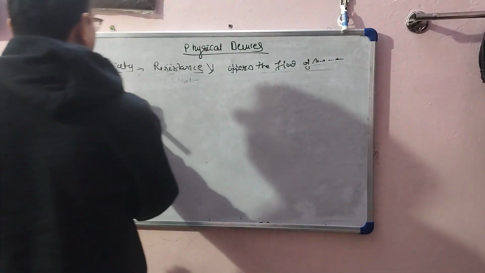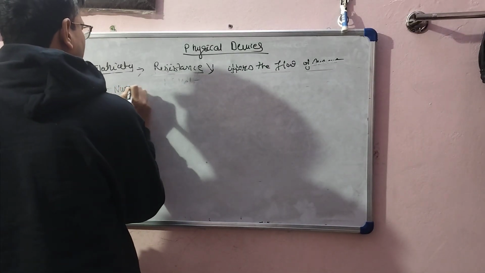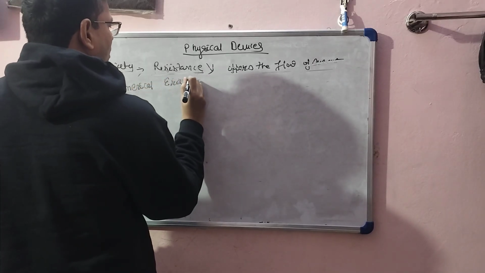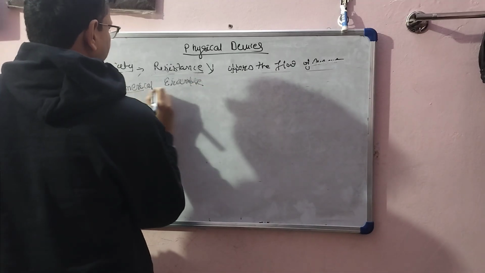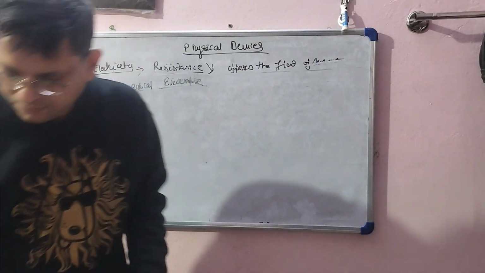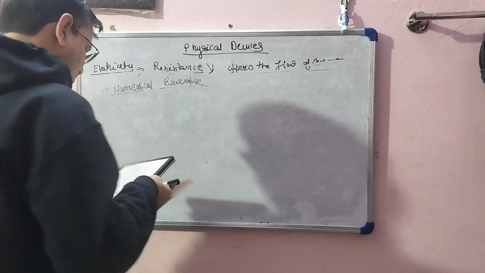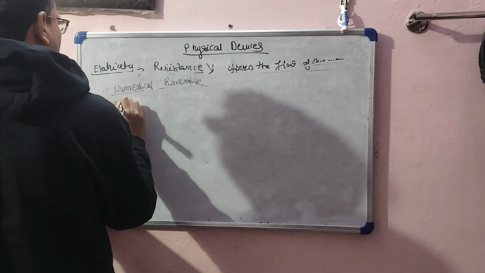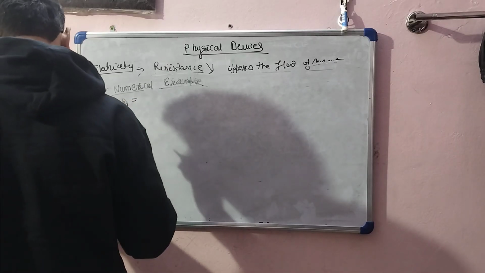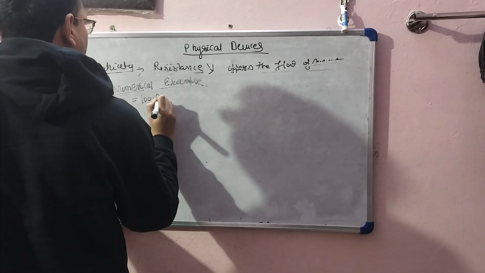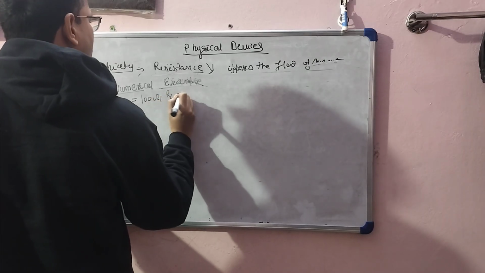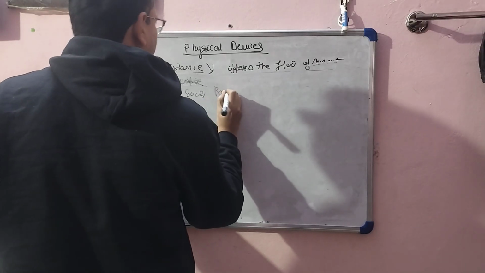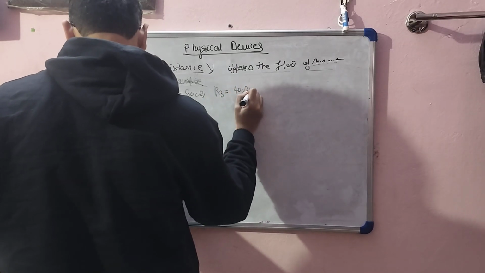Then one numerical example. Let R1 equal to 100 ohm, R2 equal to 50 ohm, R3 equal to 40 ohm.